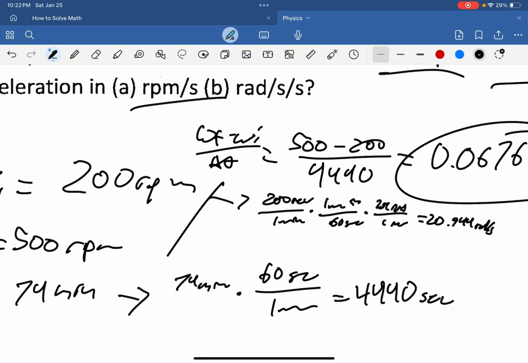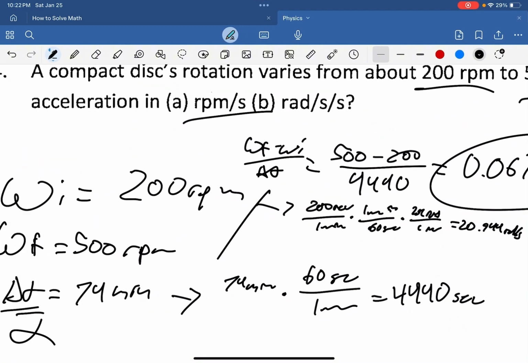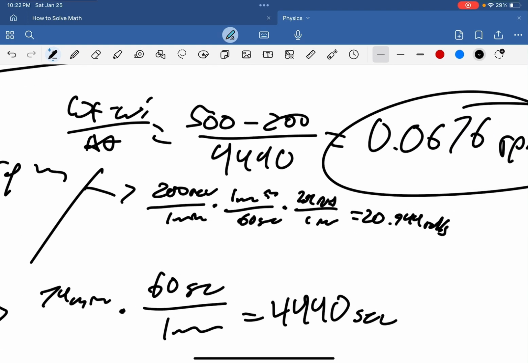And then we're going to do the exact same thing for the other one. So 500 times 2 pi divided by 60, which is 52.35. Sorry, 35. Actually, let's just round it up to 36 radians per second.